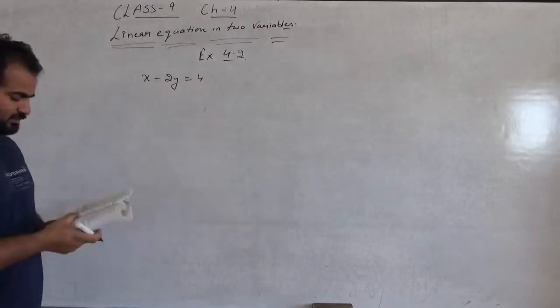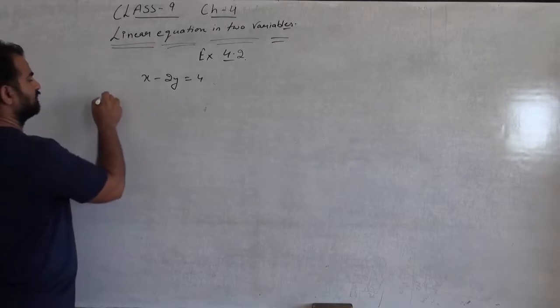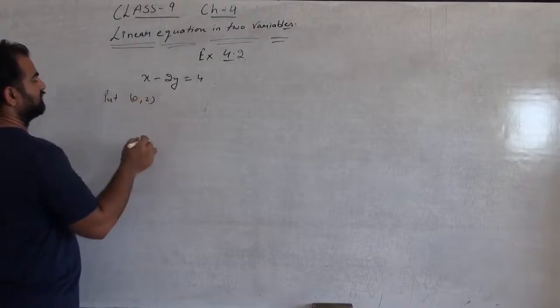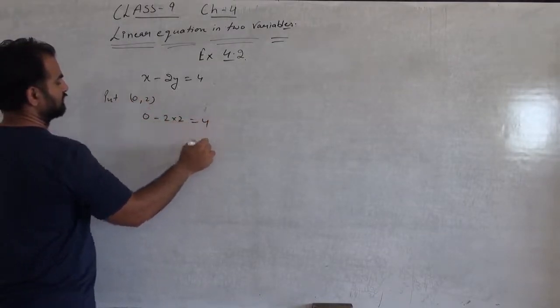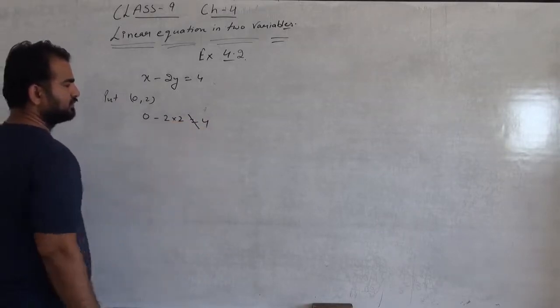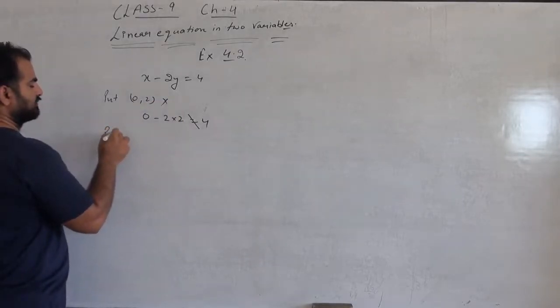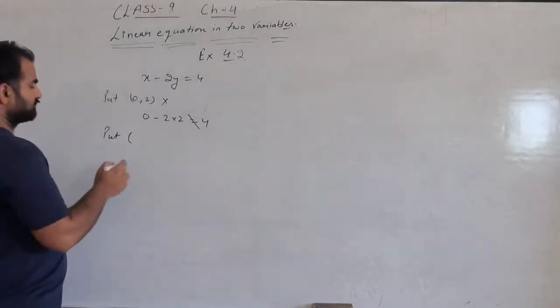Okay. So first is 0, 2. So put 0, 2. So it is 0 minus 2 multiplied by 2 equals to 4, which is not equal, because minus 4 is not equals to 4. So it is not. Next, put 2, 0.